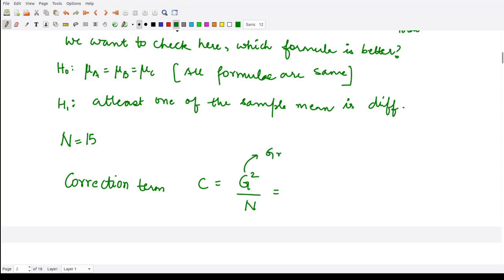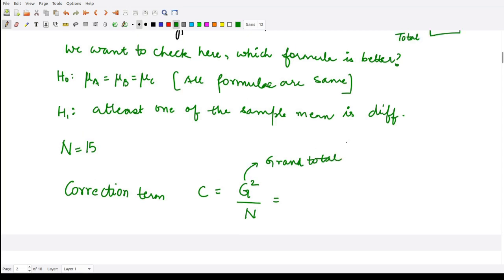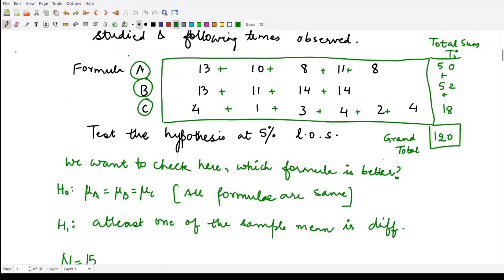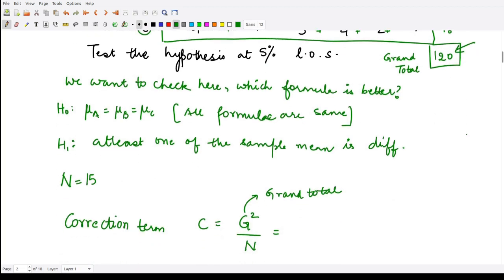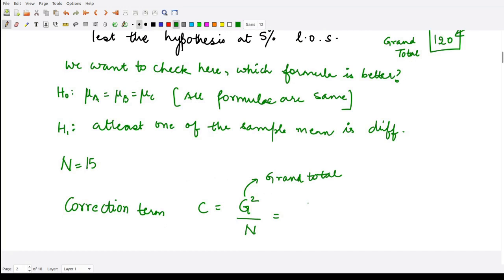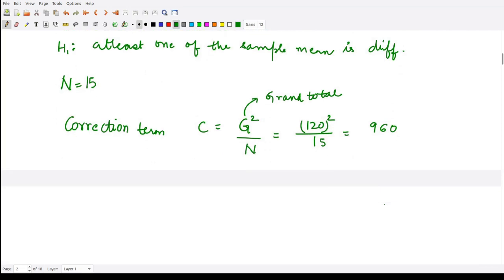It is obtained from this table, and we have calculated its value to be 120. So its square divided by the value of n, that is 15, gives us 960. So this is the correction term.